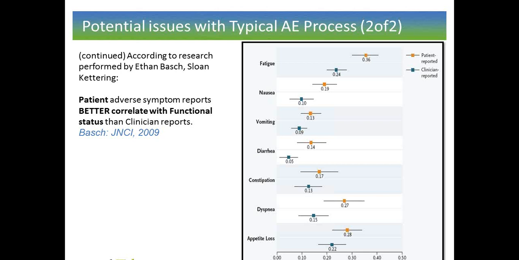But I think this data is pretty powerful, and it's part of the reason why oncology teams are more embracing what's known as the CTC-AE scales, and we can talk a little more about that. This research is what I think started a lot of teams down the path of embracing patient-reported AEs and having a collaboration, if you will, between the patient's and clinician's versions of the actual symptoms.